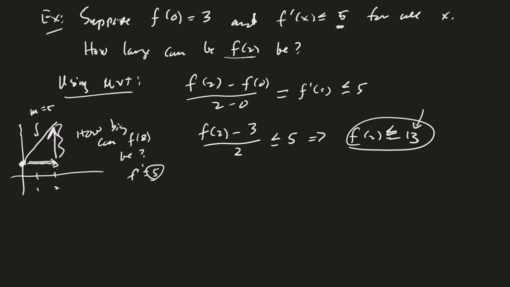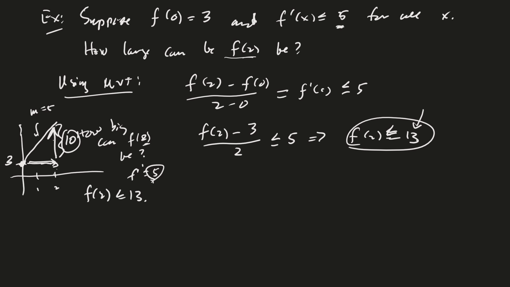Or you could think of it this way, if your velocity is 5 miles an hour and you're driving for 2 hours, you go 10 miles. But then, of course, you have to remember that you didn't start at 0, you started at 3 in this case. So altogether then, f of 2 must be less than or equal to 13.